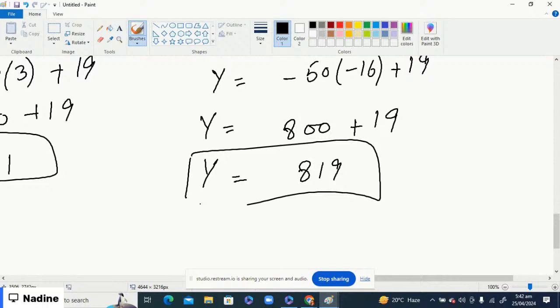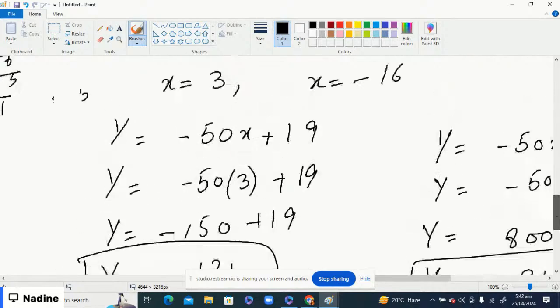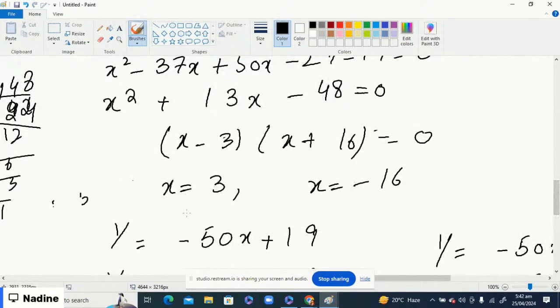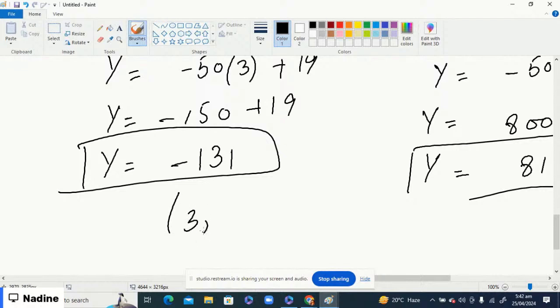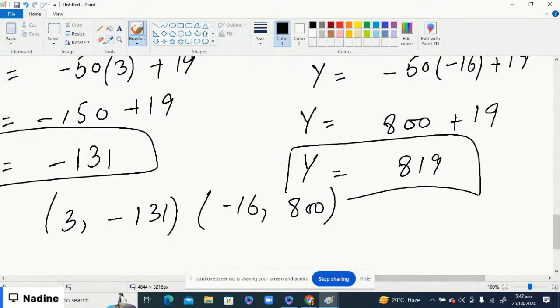Got it? These are the solution sets. When you put 3, the value of y is minus 131. When you put minus 16, the value of y is 819.